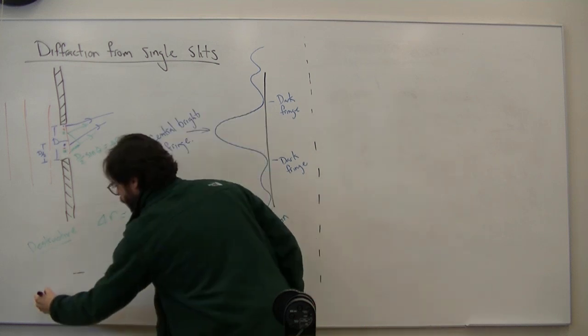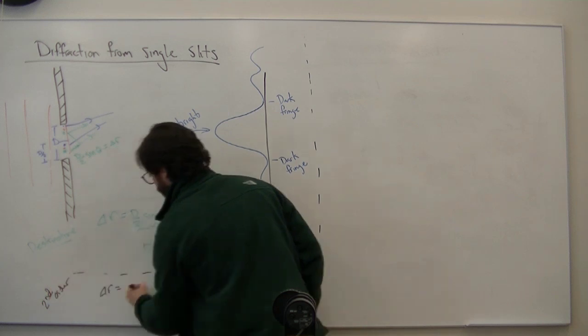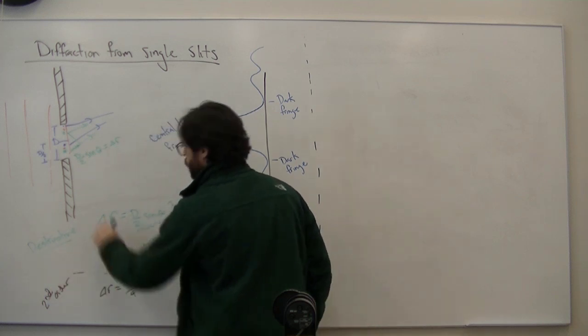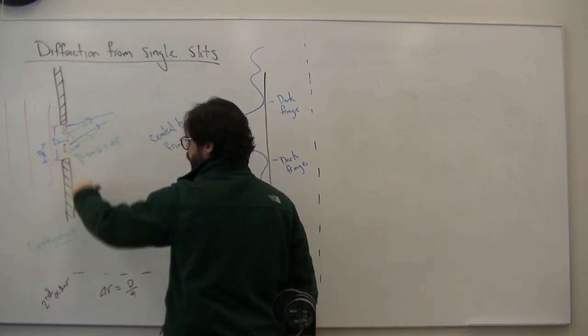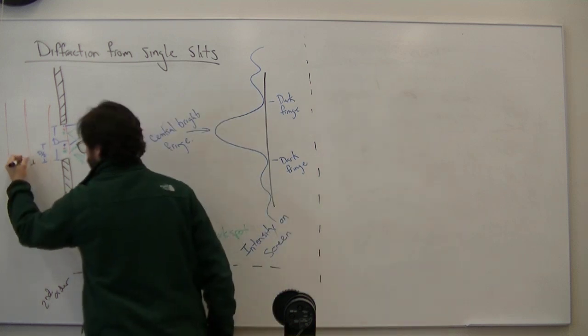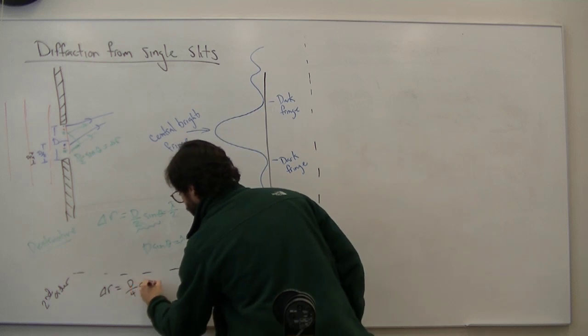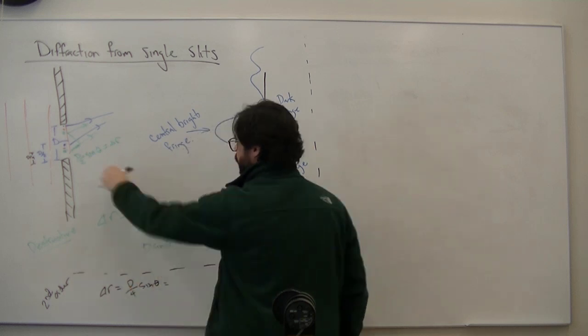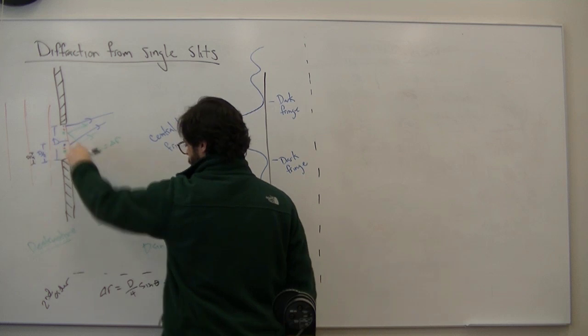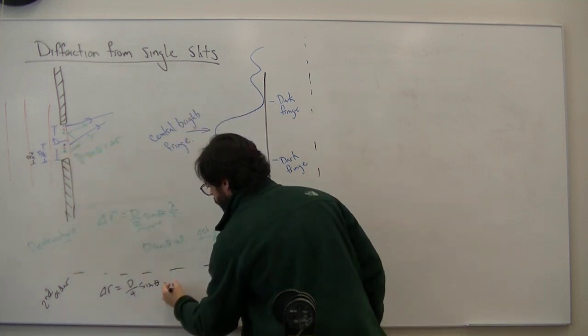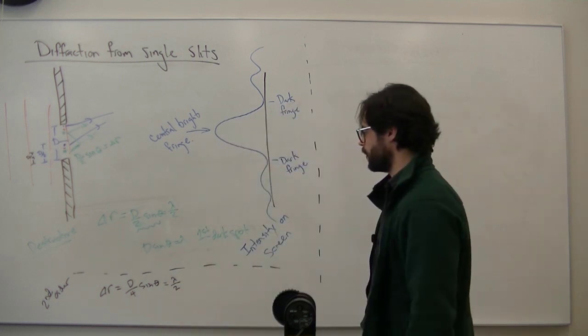So for the second order, I would be pairing two slits, each of d over 4, so I'd split the halves in halves, sine theta. So that would be the geometric distance that that lower wavelet would have to travel versus the upper one. And then again, that would be equal to lambda over 2 because I want to make them destructively interfere.